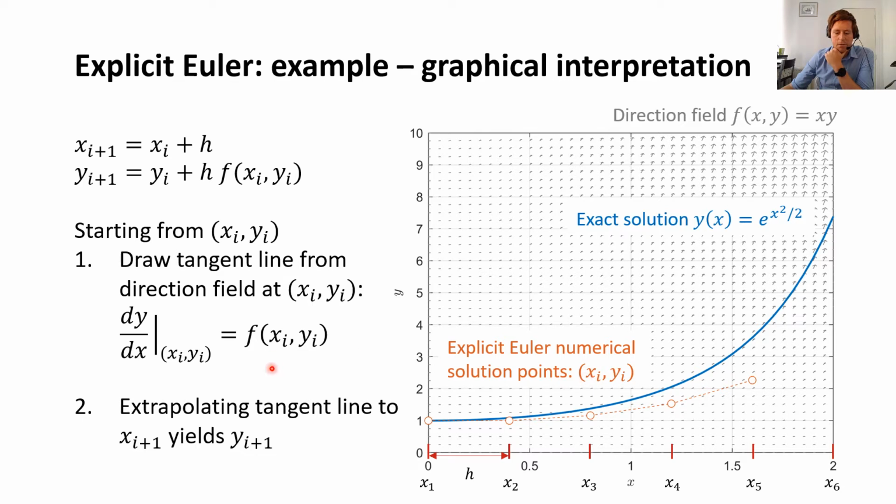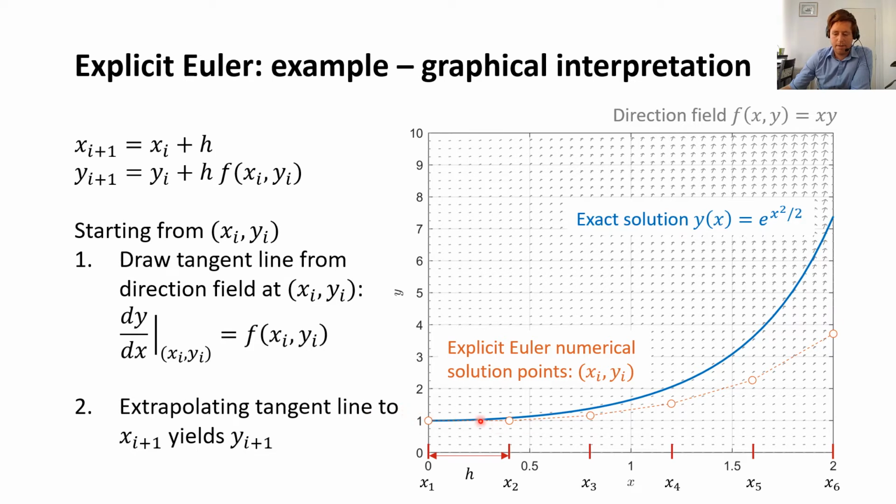So that's also important: this slope that we're using is not the exact slope of the exact solution. But as long as we're close to it, it should be a good approximation to that slope. So also here, we evaluate the direction field, which gives us a line that we then extrapolate up until the next step, the next interval.